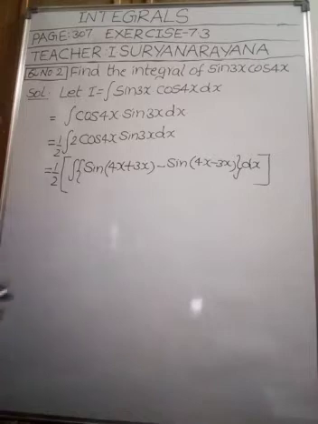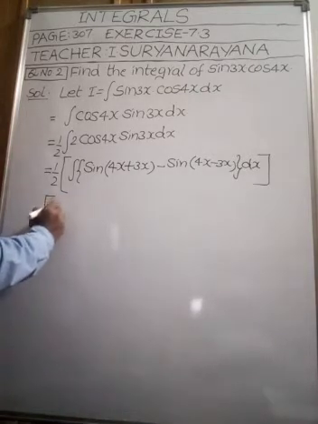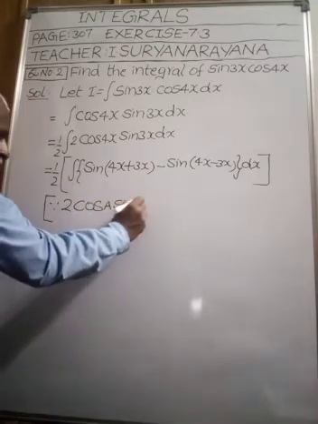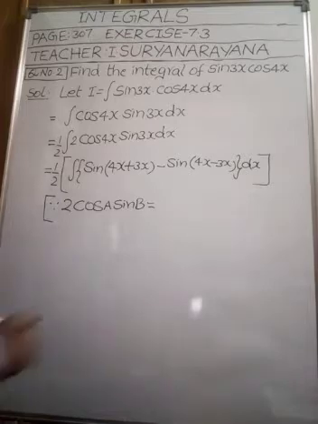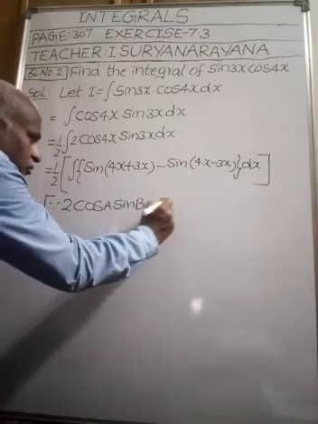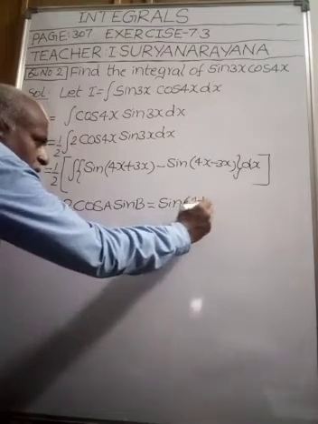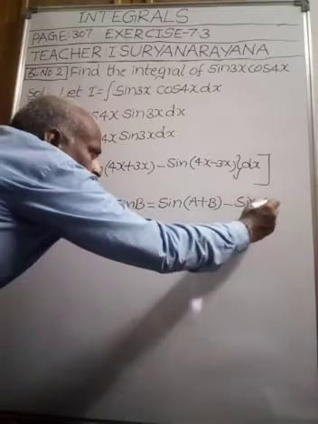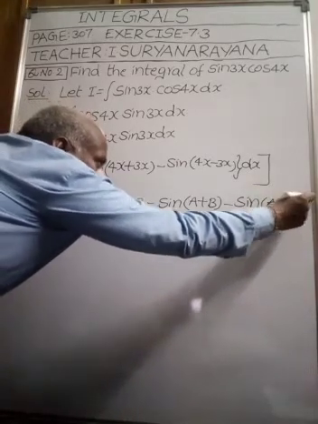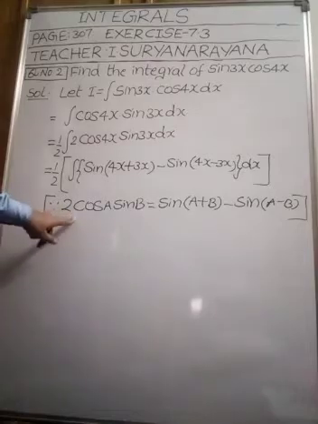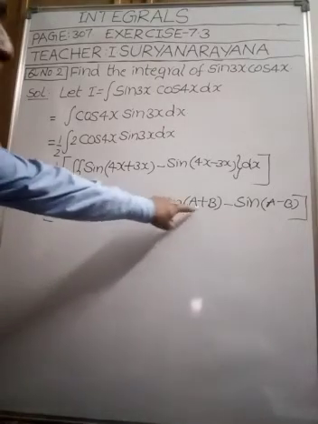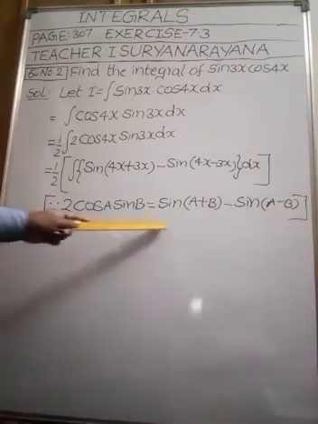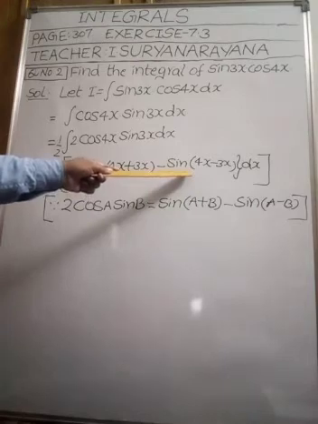I will write that trigonometric identity: 2 cos A sin B is equal to sin of A plus B minus sin of A minus B. So by using this trigonometric identity we wrote this step. Understood this step, my children?